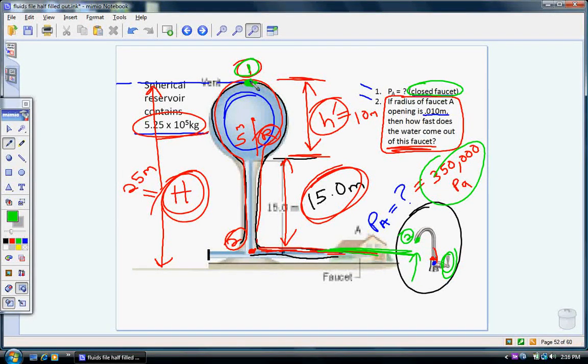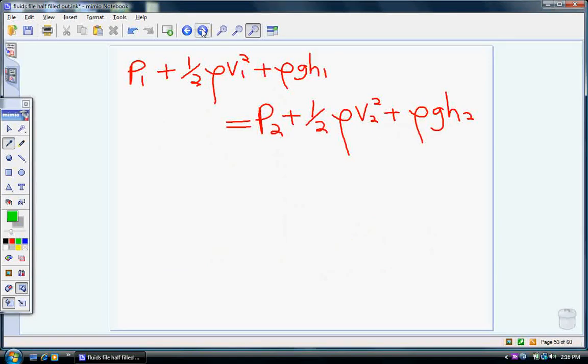So very odd, but basically both up here at the top, the pressure is going to be atmospheric pressure, and right there at the faucet, once you open it up, that's also going to be atmospheric pressure. And since both of them are the same on both sides, they're going to cancel out. Here's another thing.